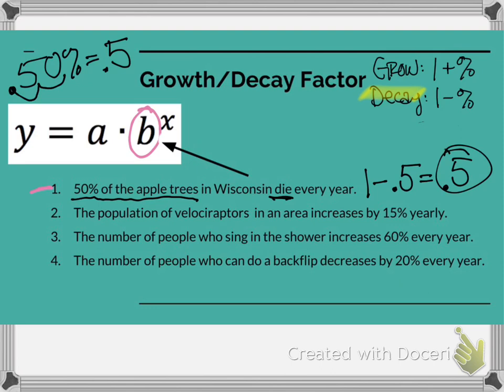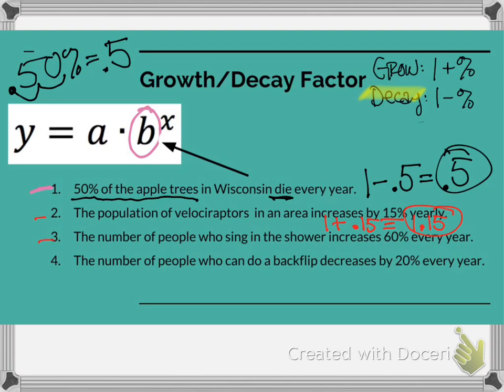Question number 2 says the population of velociraptors in the area is increasing by 15% yearly. So I'm going to take 15% as a decimal, which is 0.15. I'm going to take 1 plus 0.15 because I'm growing, I'm increasing, and that means my b value is 1.15.